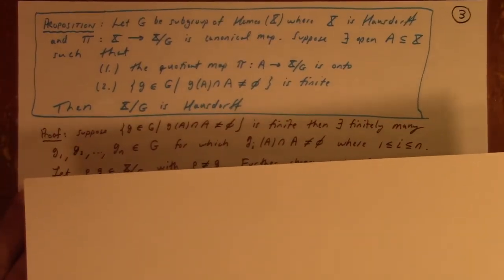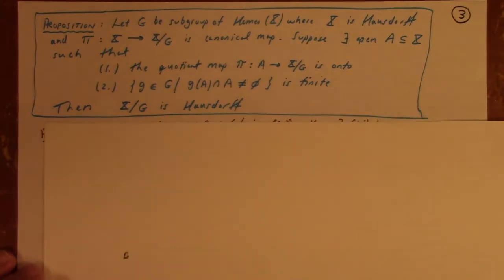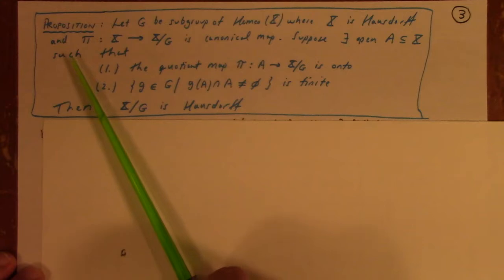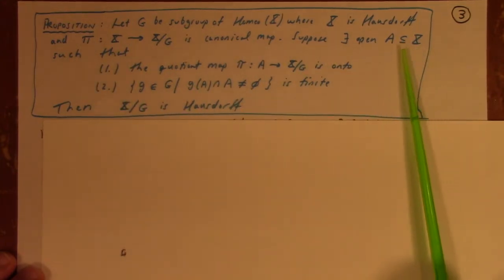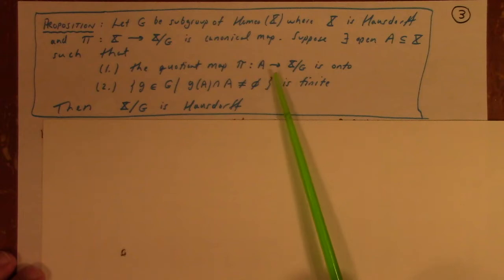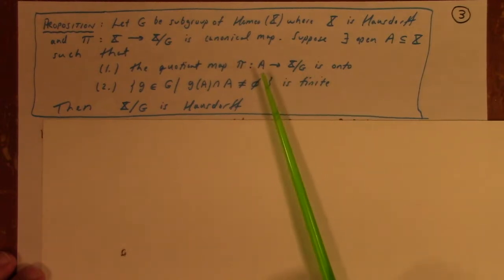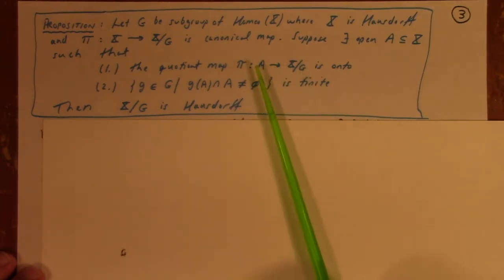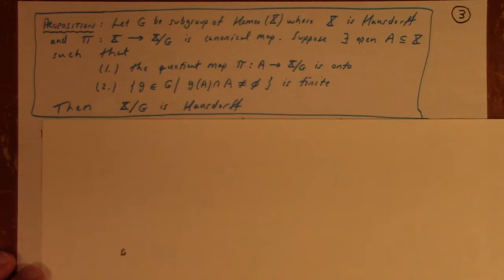Let's see here, next proposition. Let G be a subgroup of the homeomorphisms where X is Hausdorff and pi is the canonical map. Suppose there exists an open set A of X such that the quotient map restricted to A is onto, so that means that A has a representative of each equivalence class. In some sense, A is, I would say it's a section, but when I think of a section, I think of something cutting through each equivalence class just once.